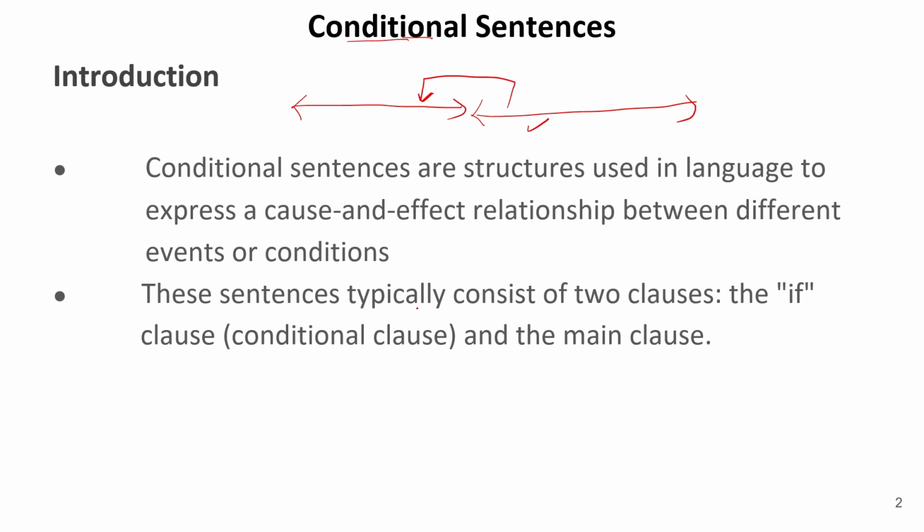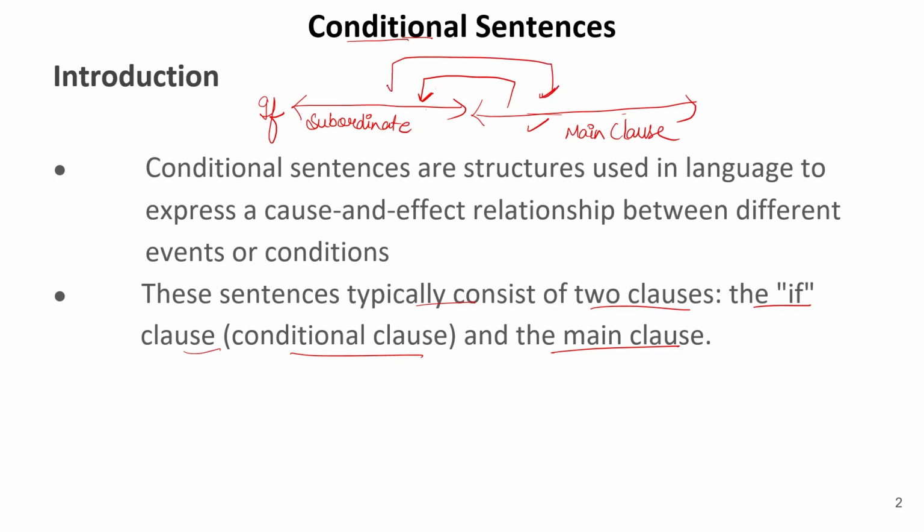Now these sentences typically consist of two clauses, that is the if clause, that is the conditional clause, and the main clause. Before the first clause we have a conjunction, that is if. This clause is called the main clause, whereas this clause is the subordinate clause, or you can say conditional clause.